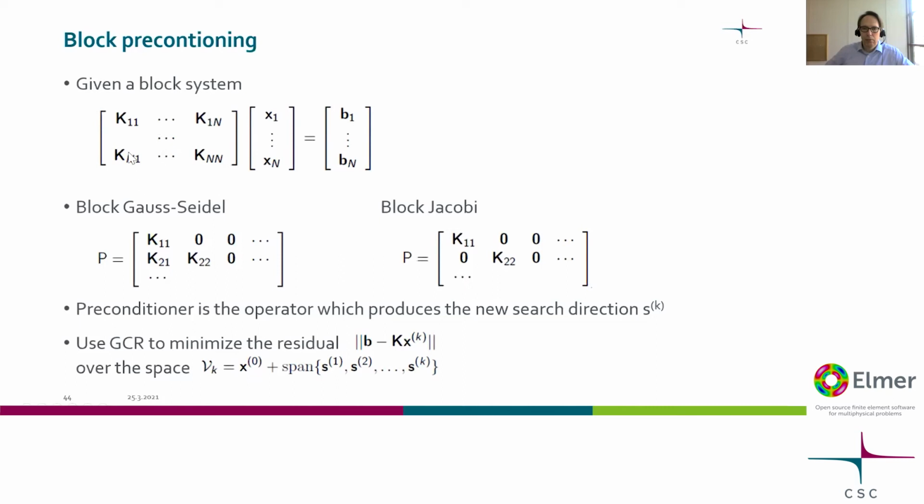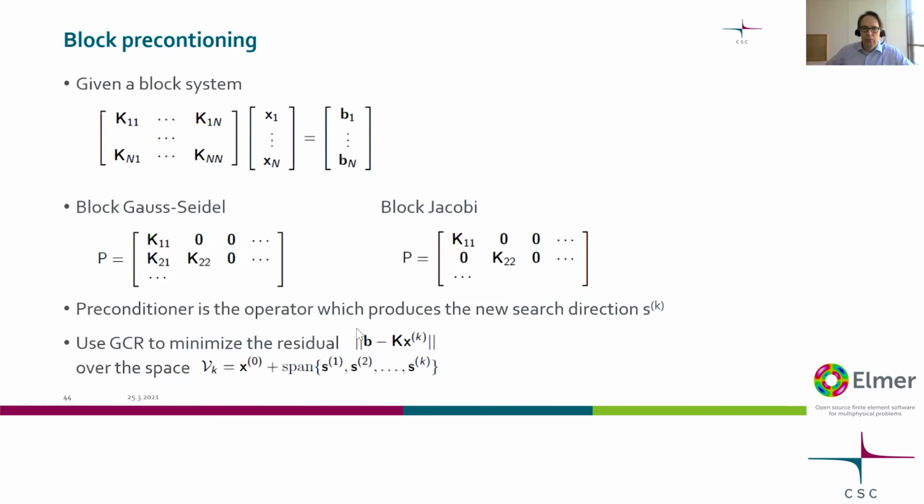Of course, you have also the coupling terms, but for the sake of preconditioning, you may forget about the block coupling terms or use a lower diagonal preconditioner. So this would be block Gauss-Seidel, this would be block Jacobi, and the solution of this system blockwise then produces the search directions that you use in the GCR method to minimize the residual of this problem.